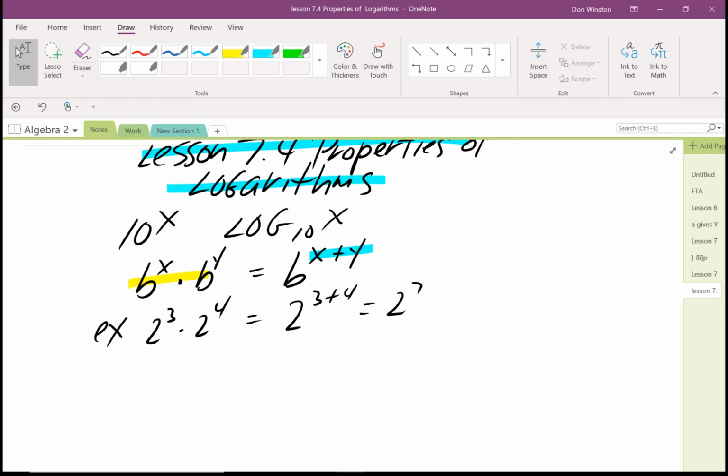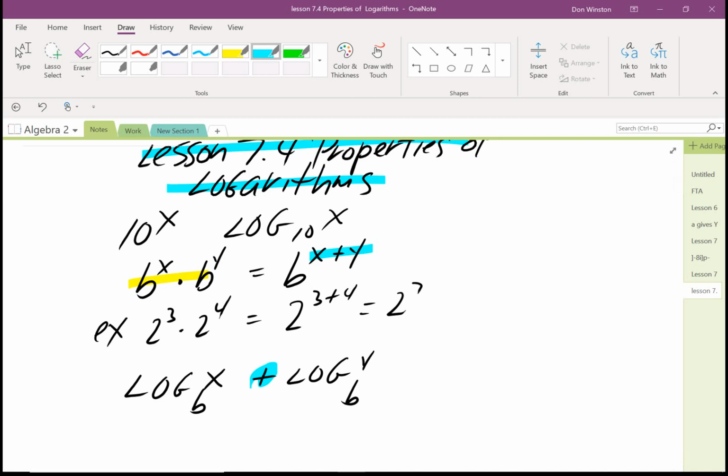Okay, so now let's work with logs. So let's assume that we have log base b of x. Into that we're going to add log base b of y. So notice here, I'm adding logs. Well, in adding logs and thinking about inverses, what operation do you think would result when we add logs?